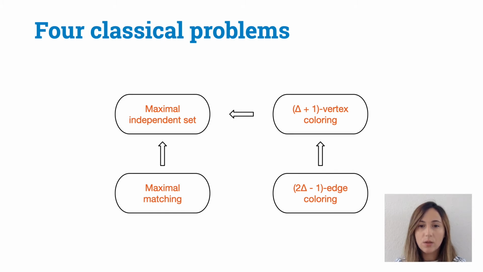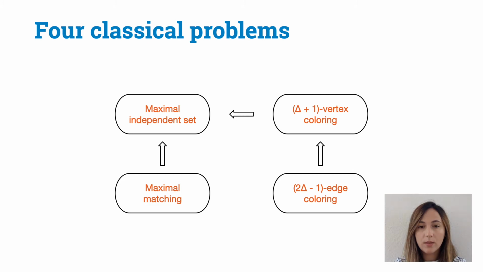Thanks to various works, we have learned more. For example, we know that delta plus 1 vertex coloring can be solved much faster than MIS. Moreover, while nowadays we know the tight complexity as a function of delta for solving MIS, we still don't know the exact complexity of solving delta plus 1 vertex coloring.